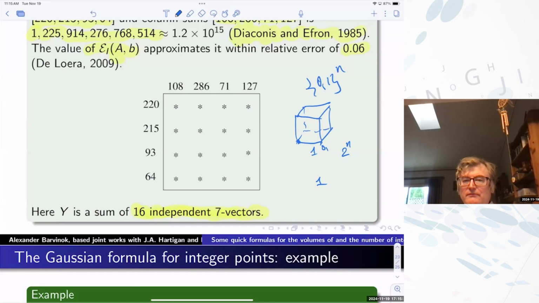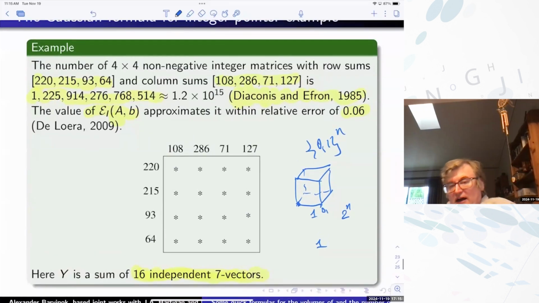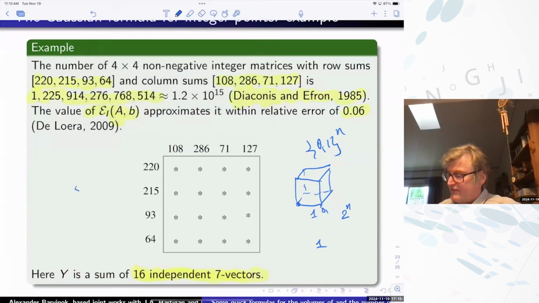But did you try it in these examples too? Numerically, in this example, I don't know, but I'm willing to bet that it's probably pretty bad, for the reason that I said. Volume estimates the number of integer points pretty well if, in fixed dimension, you start growing your polyhedron or convex body.